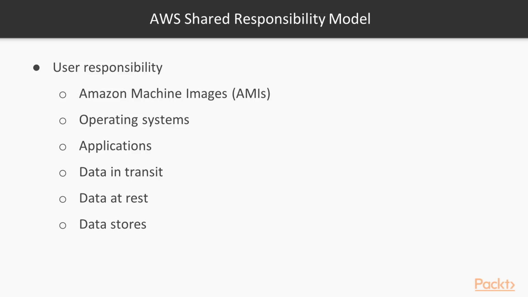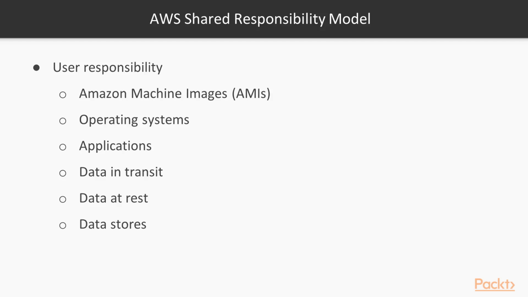Now let's look at some of the responsibilities that a user has within the AWS Shared Responsibility model. First of all, there are the Amazon Machine Images, or the AMIs. We have seen that a user is responsible for creating new and custom Amazon Machine Images. The user is responsible for their operating system on their EC2 instance. They are responsible for patching it up, for installing new software.